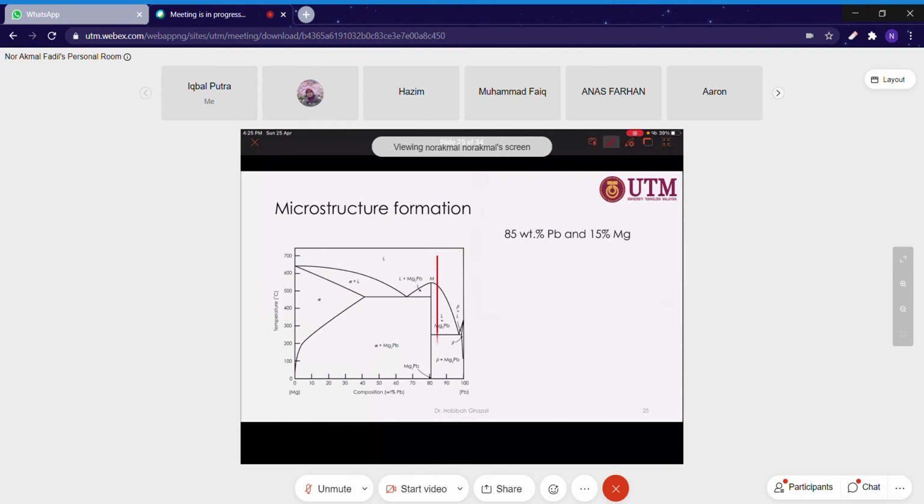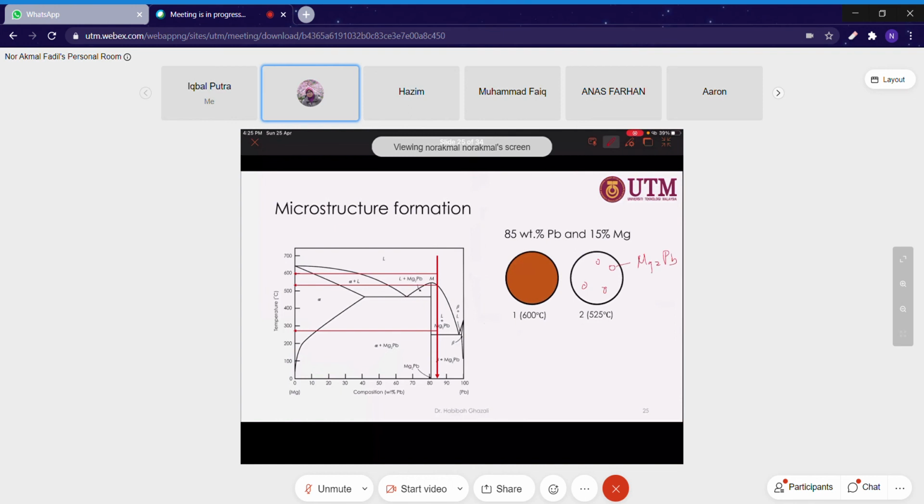The microstructure formation: first liquid, and then at point 2, it starts to form the intermetallic magnesium plumbum. This is the solid phase, which in this case, the first solid formed is Mg2Pb, and this structure will grow larger.